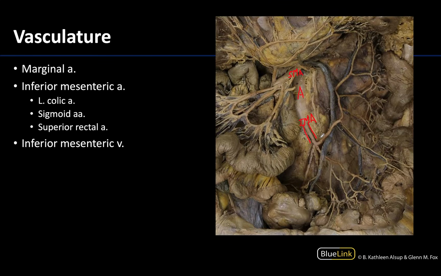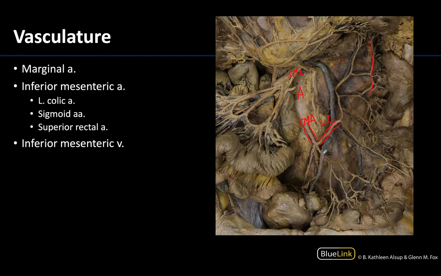Now, you can see coming off of the IMA three major types of branches. You will have the left colic, which will supply the descending colon through the marginal artery. You can see a bit of the marginal artery right here.